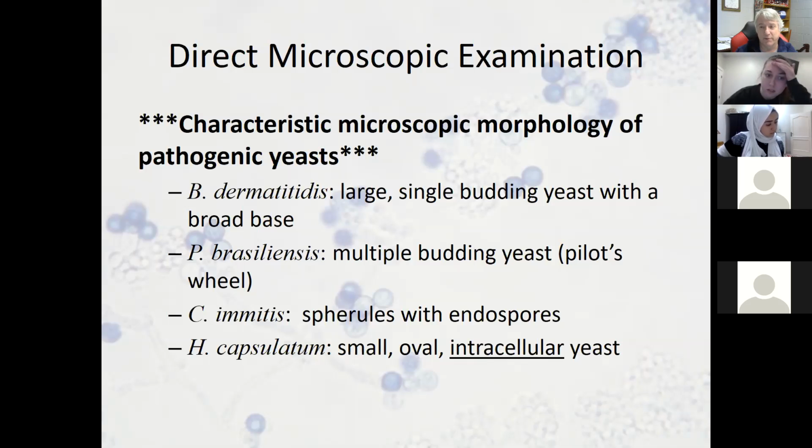Who wants to take that one? Somebody other than Allison. Multiple budding yeast and has the pilot's wheel. I know we've seen that one. I think we saved that one, right? So who's our brasiliensis name? Anybody?